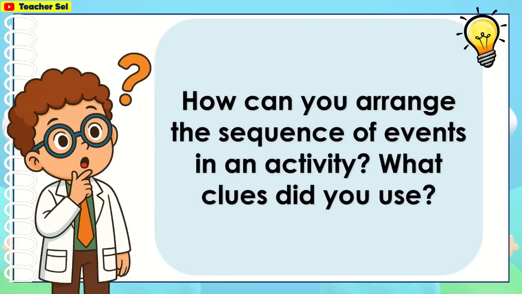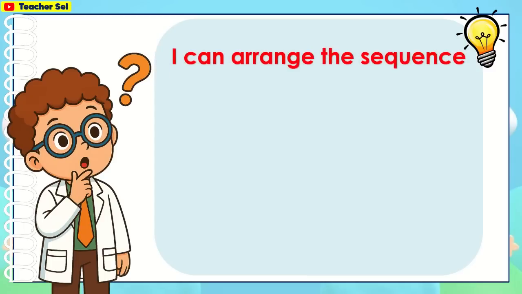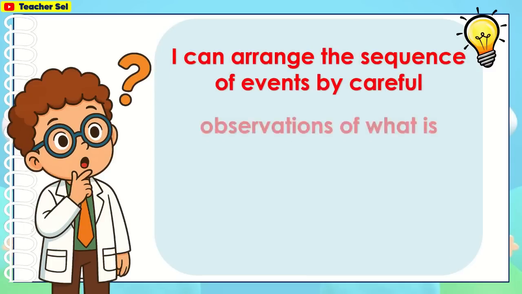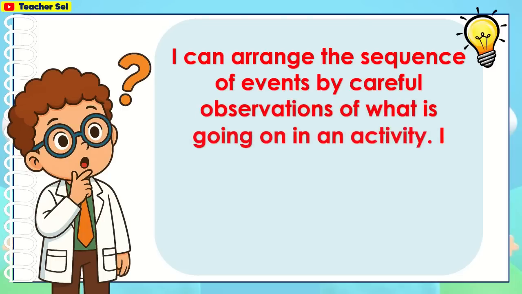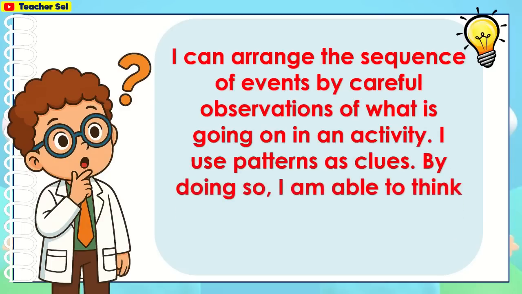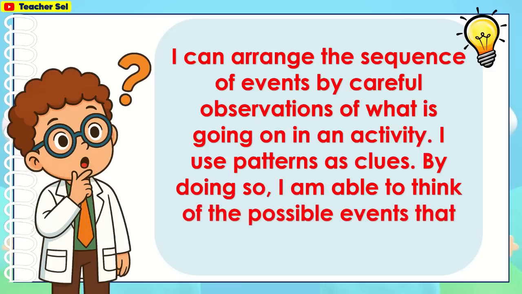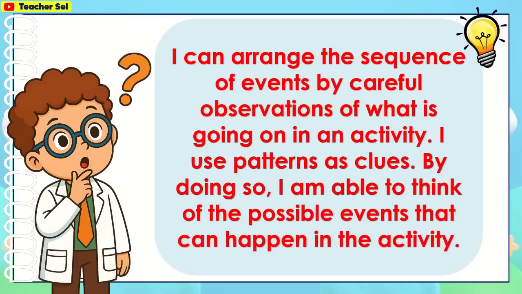How can you arrange the sequence of events in an activity? What clues did you use? I can arrange the sequence of events by careful observations of what is going on in an activity. I use patterns as clues. By doing so, I am able to think of the possible events that can happen in the activity.